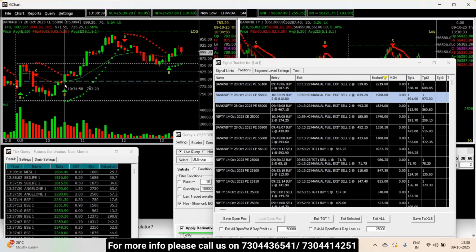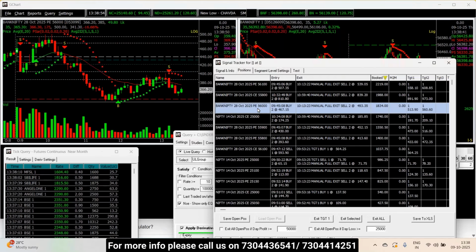It took an entry at 10:32 at 810, and then it went up to 839. At 839 it exited at nearly around 2,000 profit. And again with Bank Nifty as well. In this way in the algo, trades have been executed and the profits have been booked.